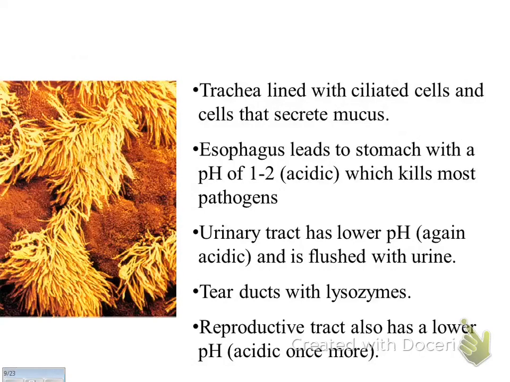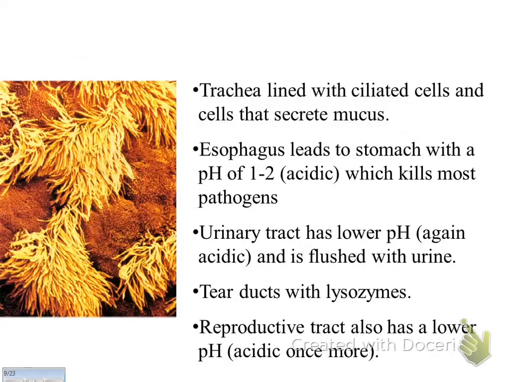The second thing says the esophagus, which is the back one, leads to the stomach. It has a pH of 1 or 2, so the bacteria aren't going to go down into that stomach because it's so acidic. So this is all innate immunity. The urinary tract, the kidneys and the urethras that lead to the bladder, have lower pHs.